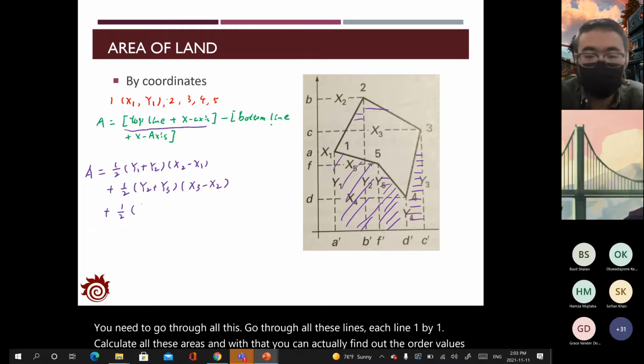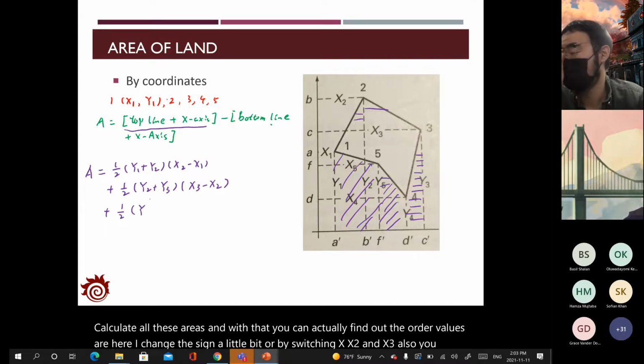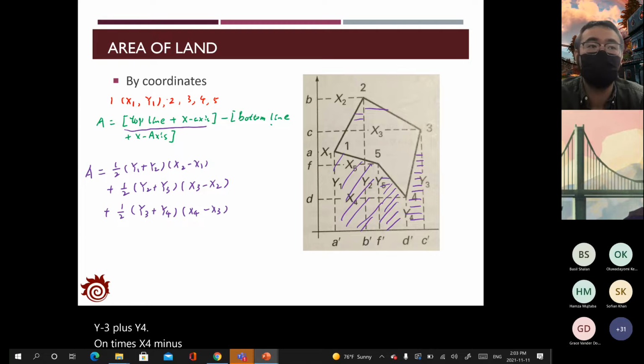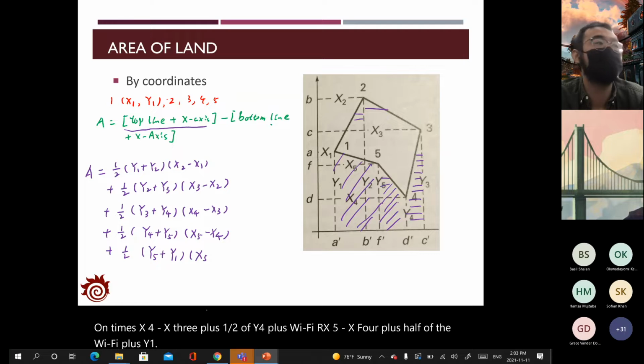Here I changed the sign a little bit by switching x2 and x3. So you have y3 plus y4 times x4 minus x3, plus half of y4 plus y5 times x5 minus x4, plus half of y5 plus y1 times x1 minus x5.